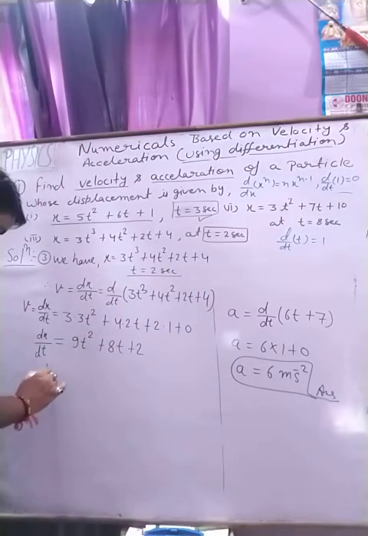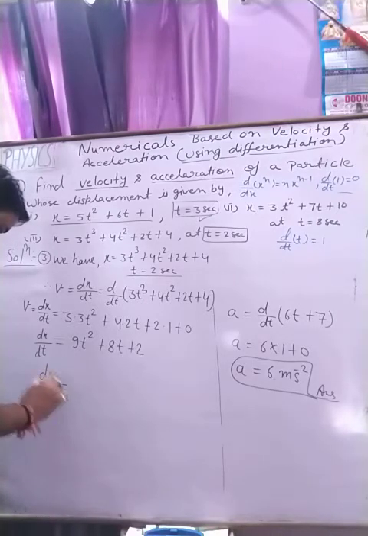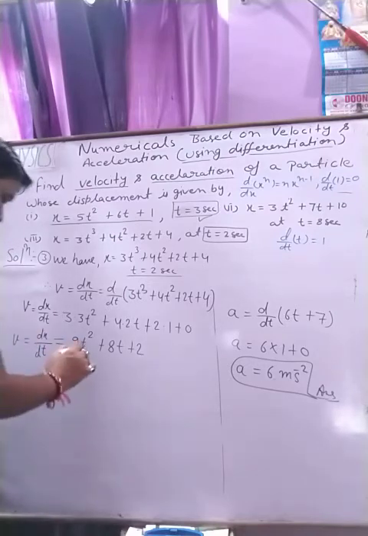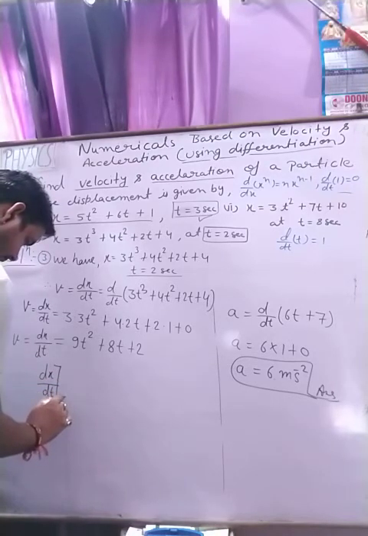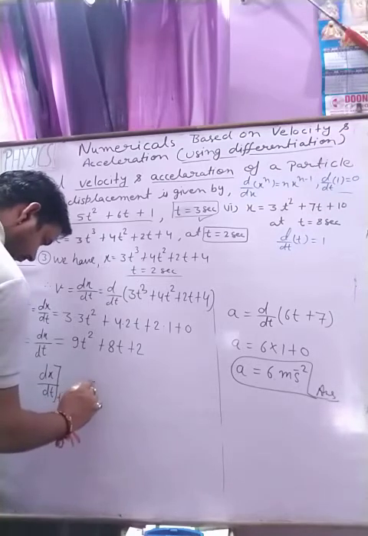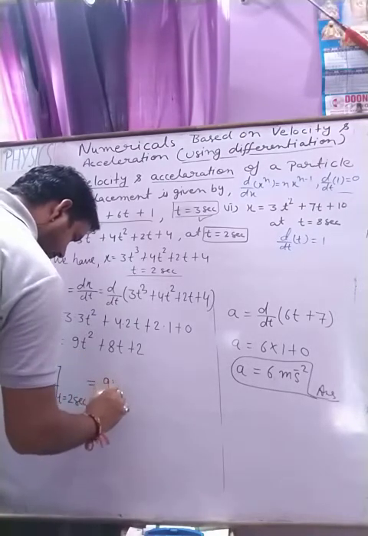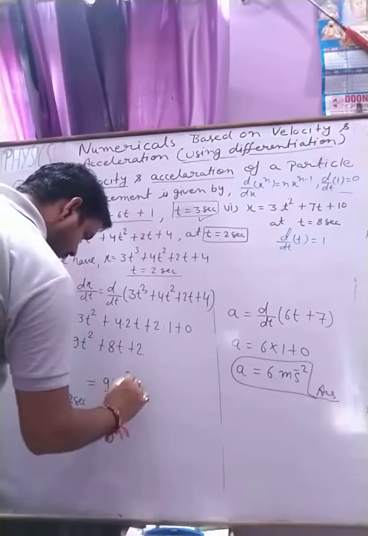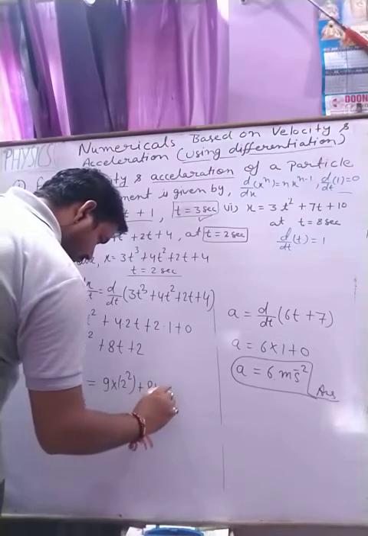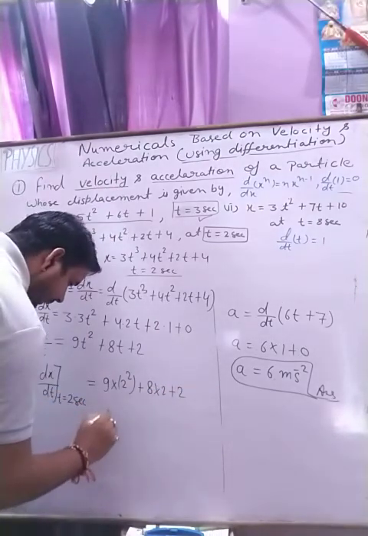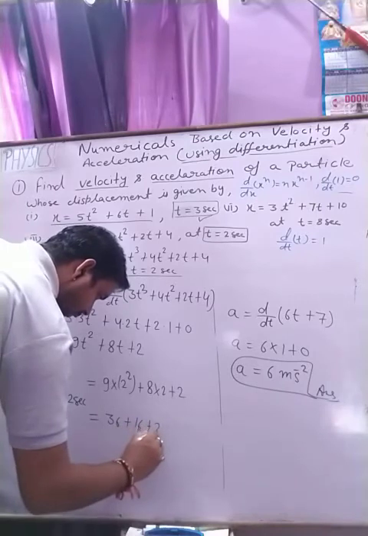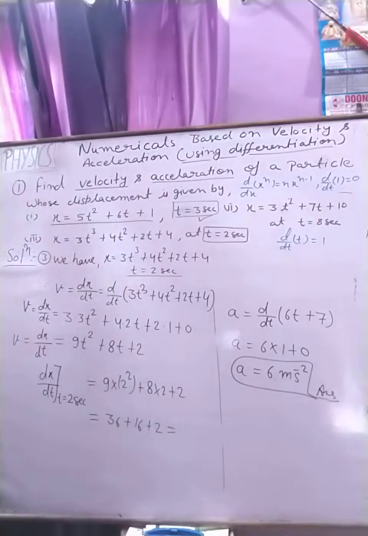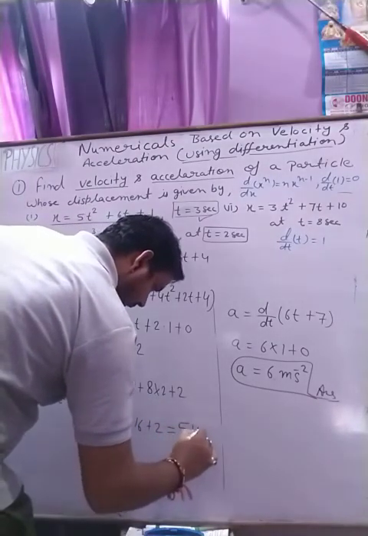Therefore, dx over dt at t equal to 2 seconds is 9 into 2 to the power 4 plus 8 into 2 plus 2, which we get 36 plus 16 plus 2, that is 54.